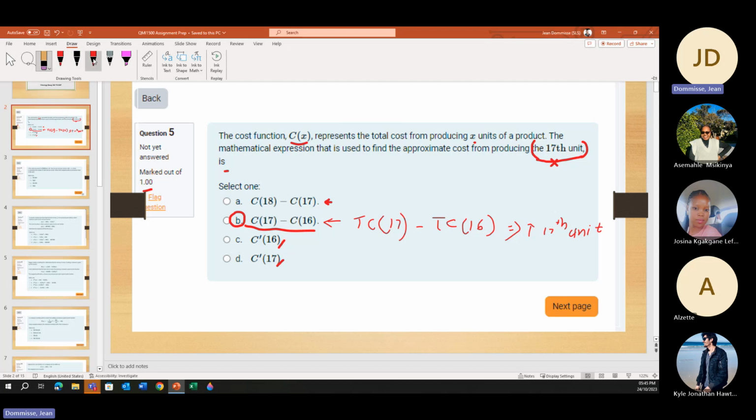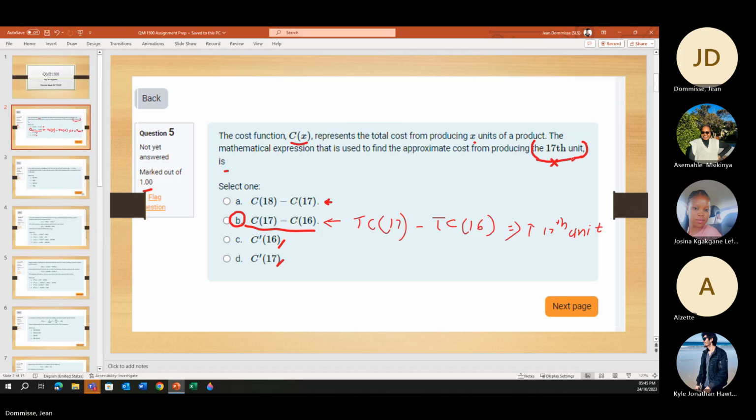But actually, we need to work out just that 17th unit. So what will it be to produce that 17th unit? And that will be the difference between these two. Okay, happy with that?